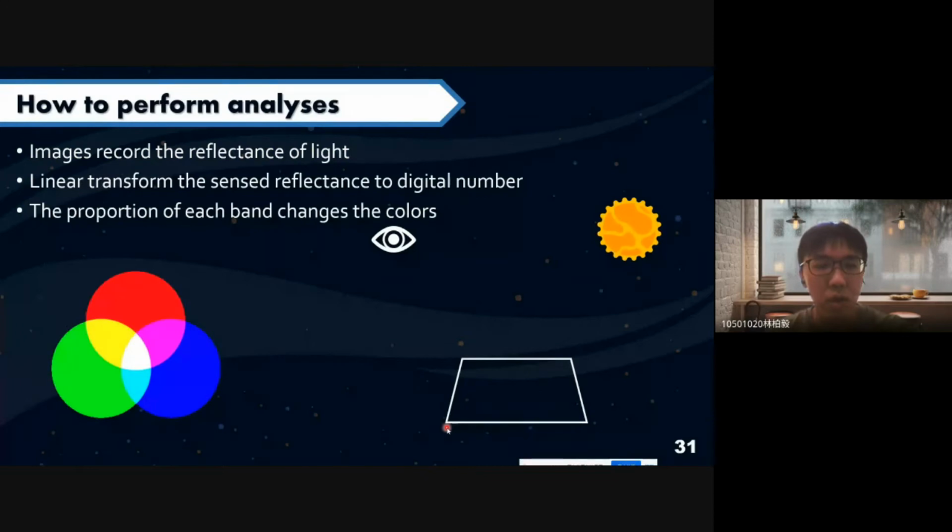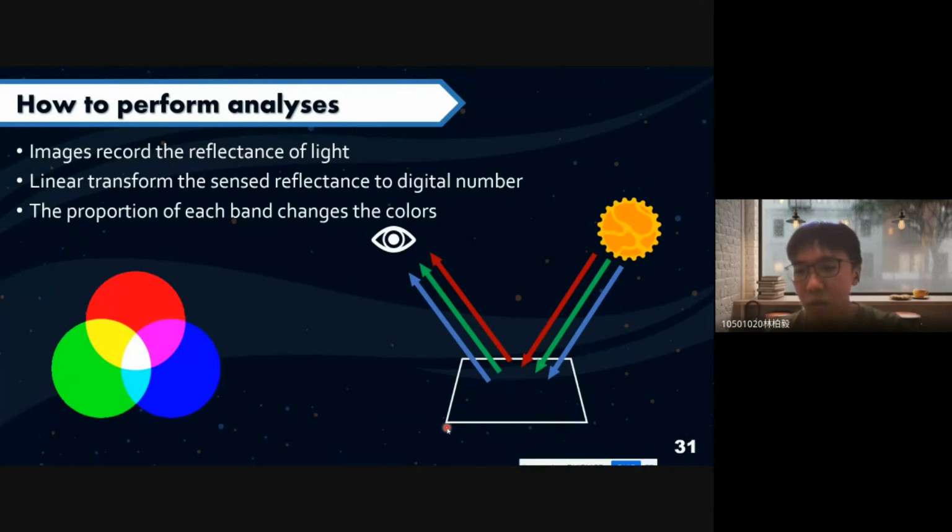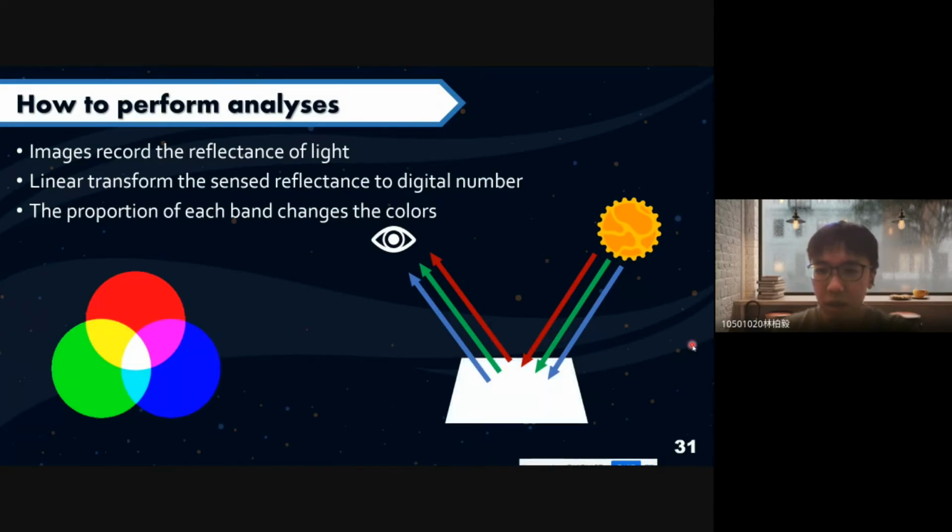So how do we perform these analyses? Here we need to know the images record the reflectance of light, which means the sun emits radiance and it is then captured by our eyes. If we capture all the light from the sun, the color we see will be bright, it will become white.